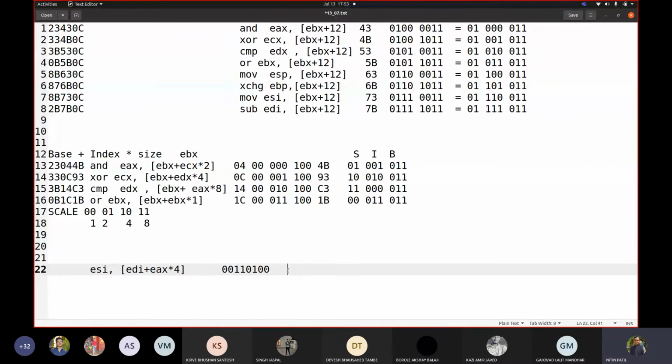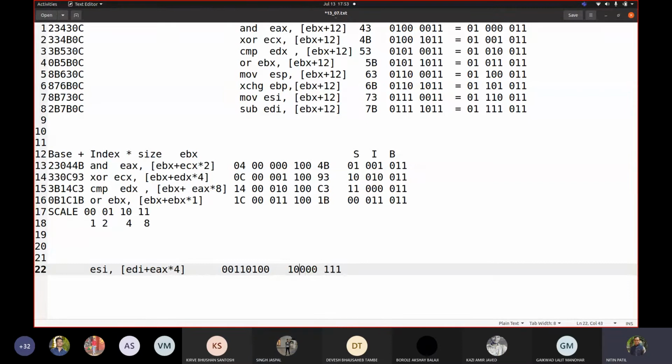So 4 means what? 10, correct? Now which is the index register? Look there according to the formula: which is the index register in this case? EAX, 000, correct? What is the base register? EDI. What does it mean? It is 111.